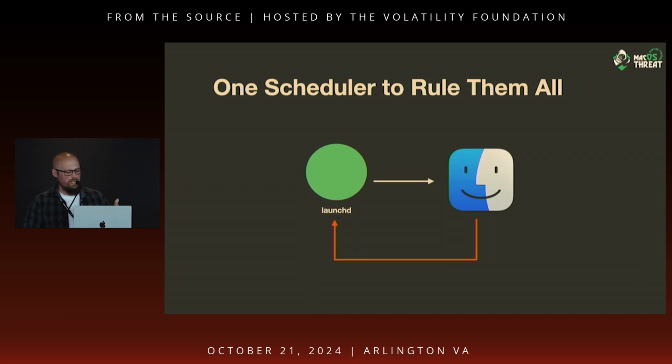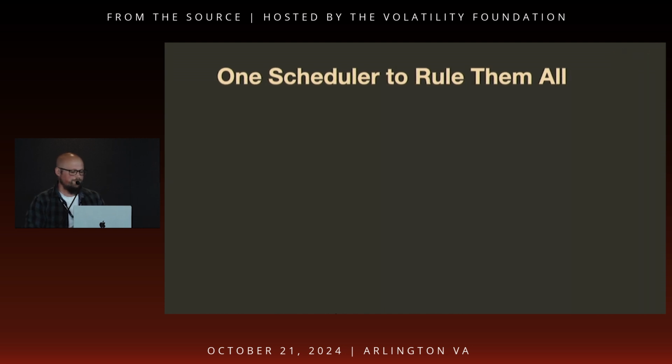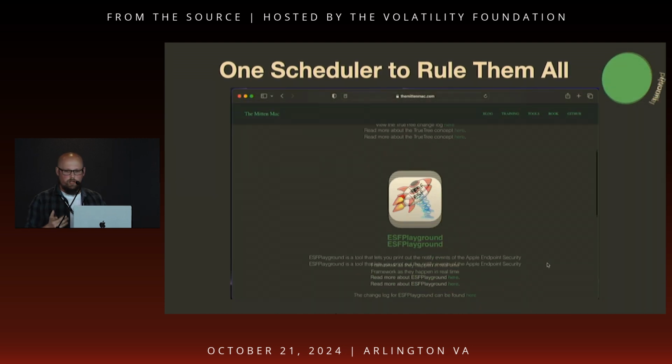That's because an IPC message is sent to launchd using various different means in the background. We don't have time to get into all those today, but essentially an IPC message is passed from Finder to launchd, which then goes on to open that Books application. So we end up with two different processes as siblings rather than having any idea that they're attached in some way. Let's peek at one more example here.